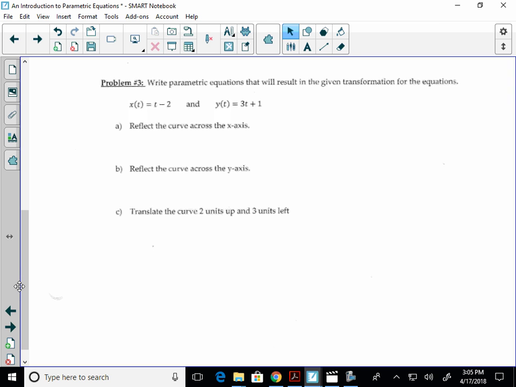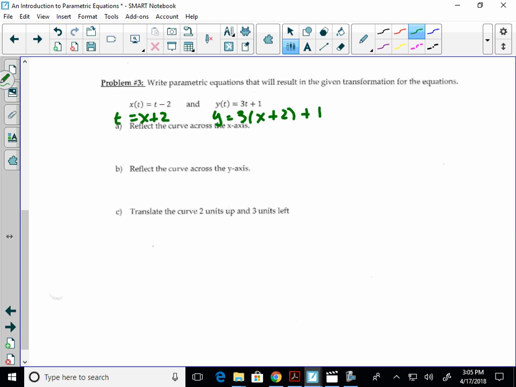Okay, so if I solve for t, I would have t equals x plus 2. If I put that into y, I would have 3x plus 7. So it's linear.